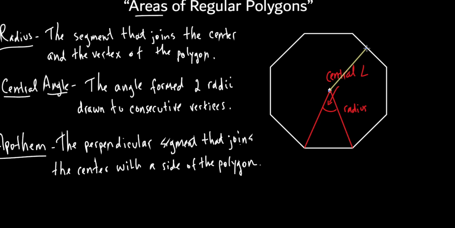I'm going perpendicular to any of those sides. That would be an apothem. Now, I'm going to purposely go to this one. All right? So if this is perpendicular, then what's that yellow thing right there? What do we call that? The apothem. Say it with me. 1, 2, 3. Apothem.